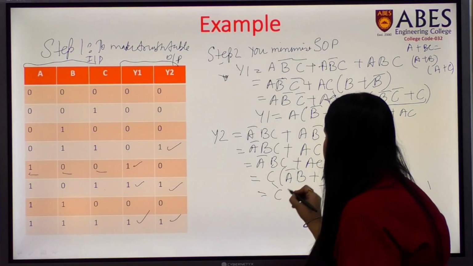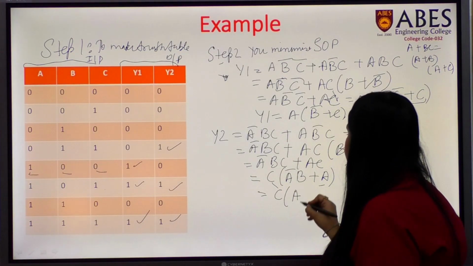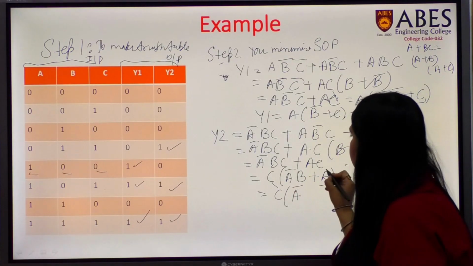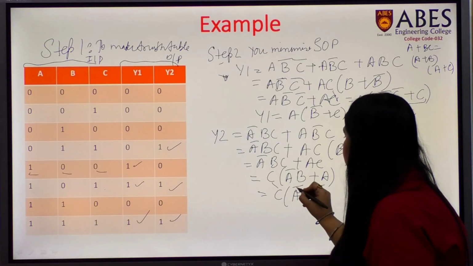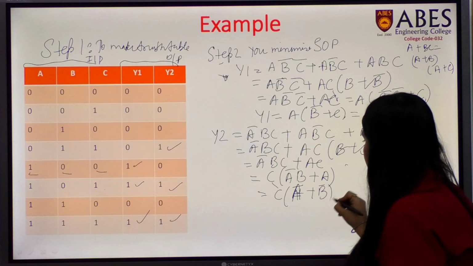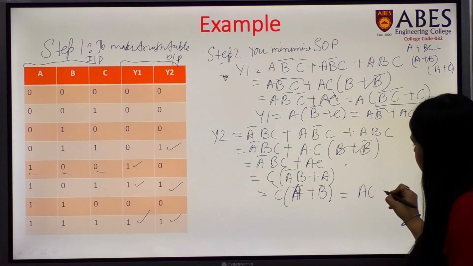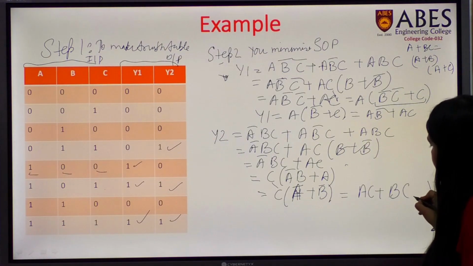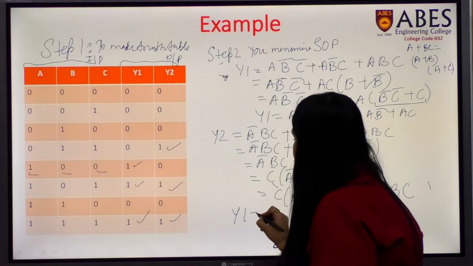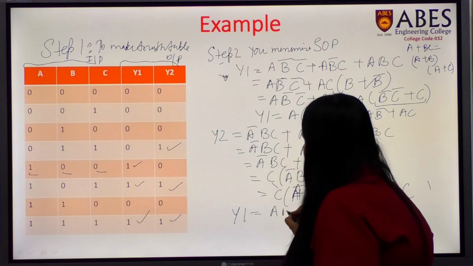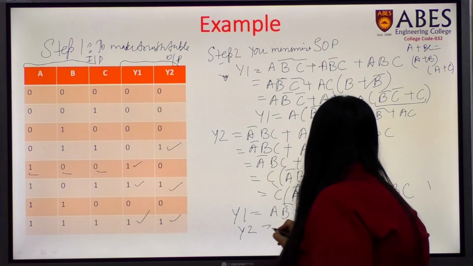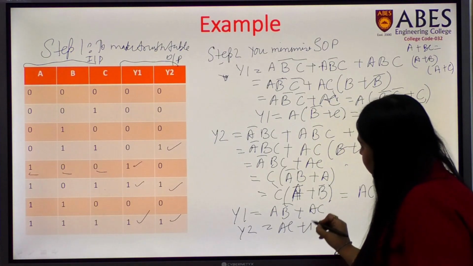So we are left with C into A bar plus A, and A plus A bar is 1, giving A plus B. So we are left with A plus B. So AC plus BC is your minimized expression for Y2. So the final expressions I am writing: Y1 equals A B bar plus AC and Y2 equals AC plus BC.